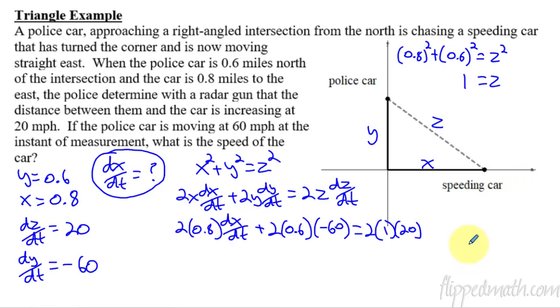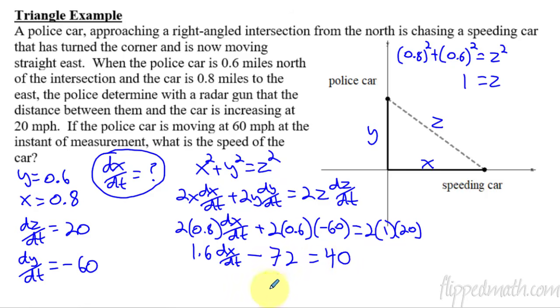Now, again, this is just plug and chug. We substitute all the numbers in. You work this whole thing out and solve it. 1.6 dx/dt minus, because of the negative there, this is 72. I'm using a calculator in the background, okay? I'm actually not that good. And then this is 40, okay.